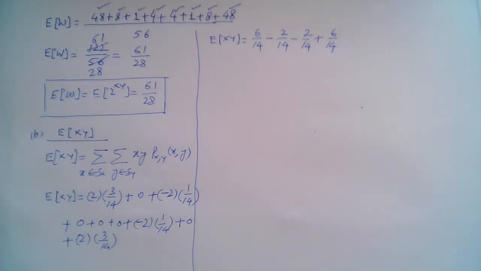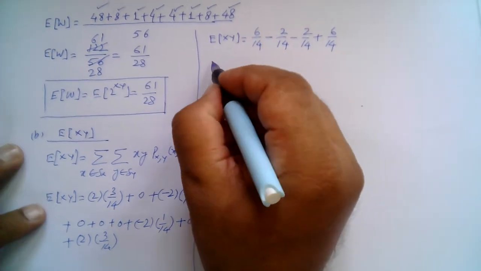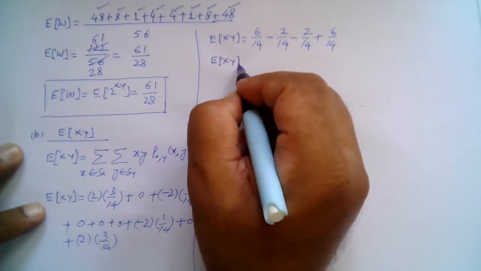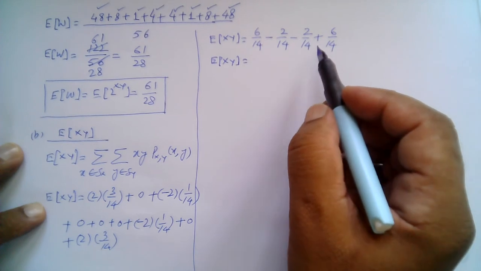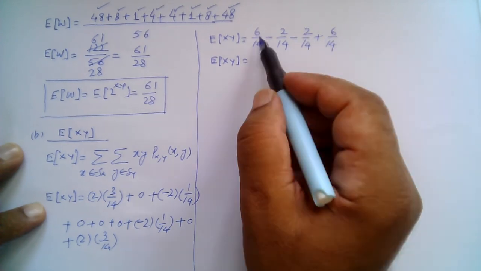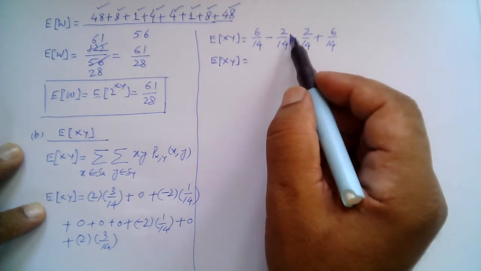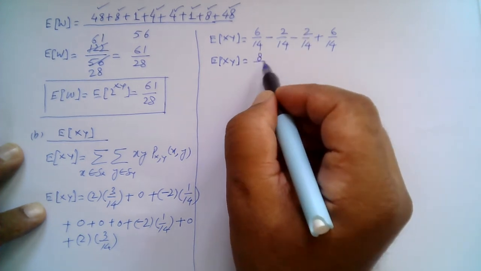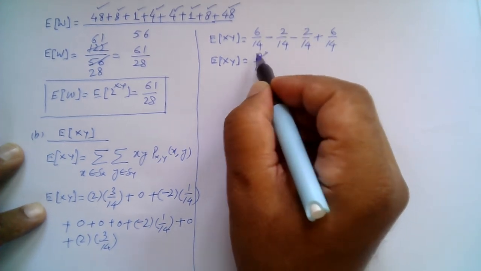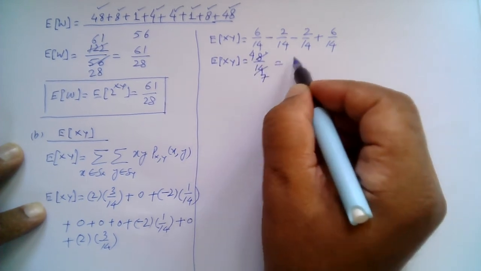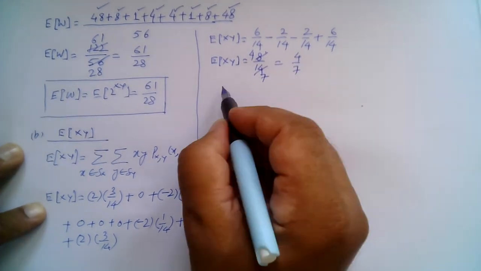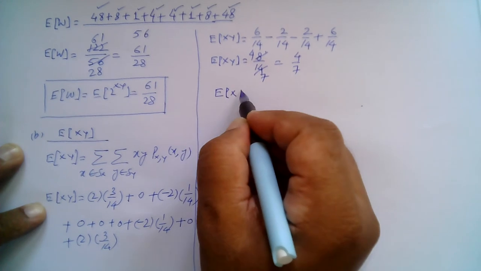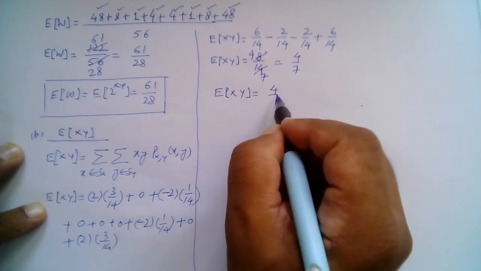So this summation is simple. This should be 6 plus 6 is 12, minus 2 is 10, and this should be 8 over 14. So 2 into 4 is 8 and this is 7, so this should be 4 over 7. So expected value of xy is 4 over 7.